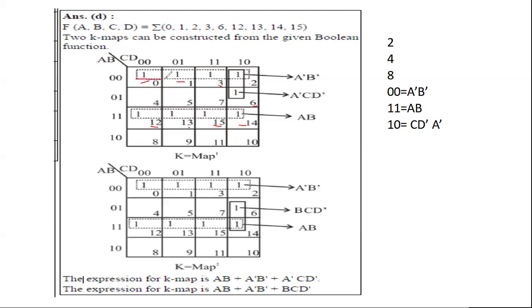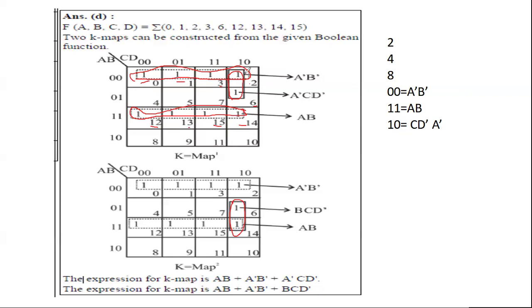So we group 4 ones first here, and again here 4 ones are all together. We group this box also. Then we have the option, either we can group 2 ones here, otherwise we can group the ones below the 1. This way we can group. So we will get 2 solutions for this Boolean function.